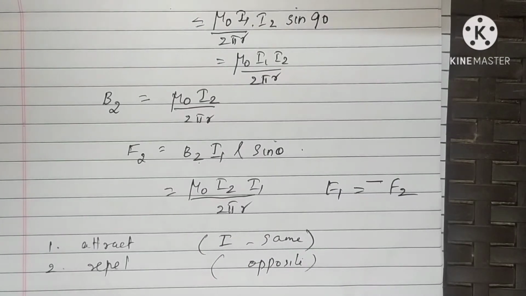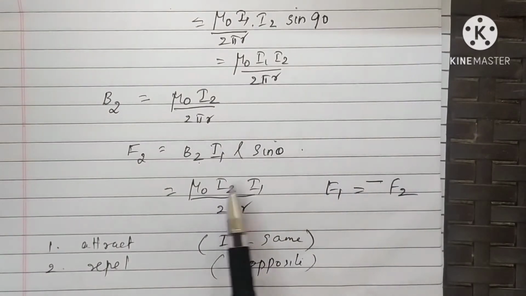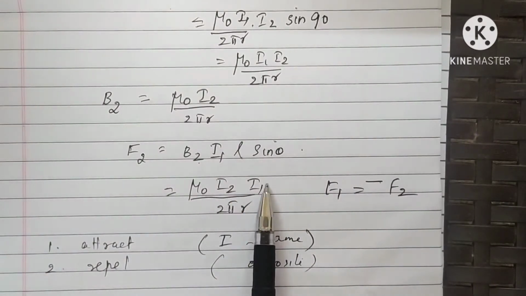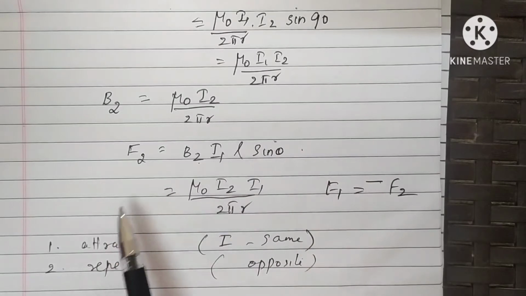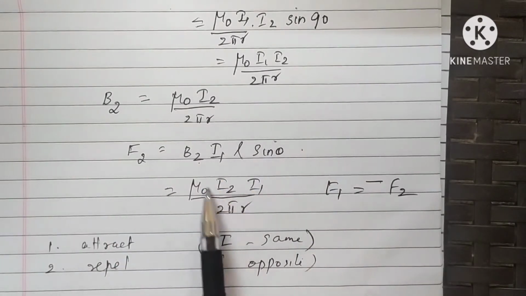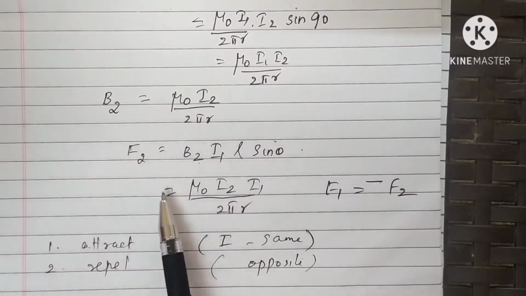And also from the expression it is clear that the force per unit length between two parallel current carrying conductors is directly proportional to the strength of the currents, isn't it? And inversely proportional to the distance. So if the distance increases, this force will decrease, and if you are increasing the magnitudes of current in these two parallel conductors, then the force experienced will also increase.